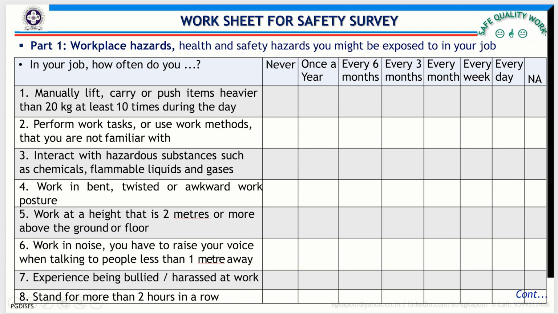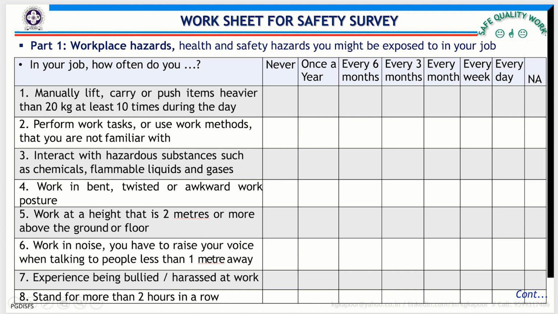Here we will put a question: in your job, how often do you manually lift, carry or push items heavier than 20 kg at least 10 times during the day? Either never, once a year, every 6 months, every 3 months, every month, every week, every day, or not applicable. You will put a tick mark in one of the columns.